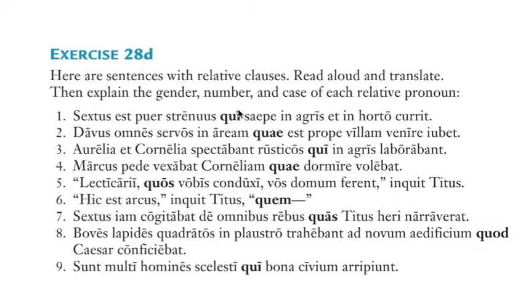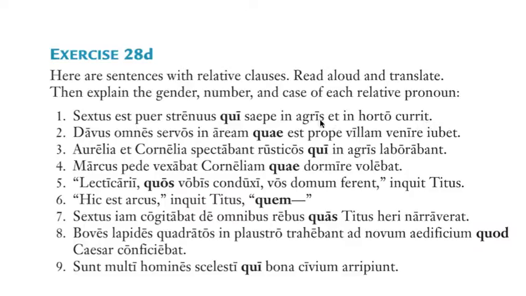Let's see. It starts with who runs often in the fields and in the garden, right? So the who is the one doing the running. I mean, we know it's Sextus, the boy who's doing the running. But again, the qui takes the place of that. It tells you more about this boy. But in this little clause, the who is the one that is running. So it is going to be a subject of this little clause.